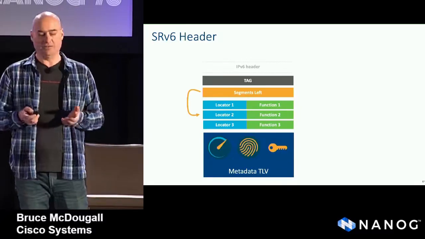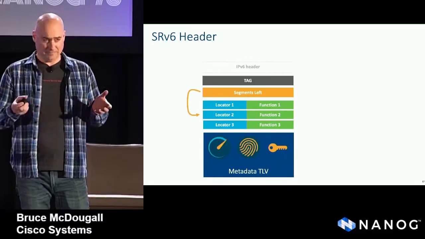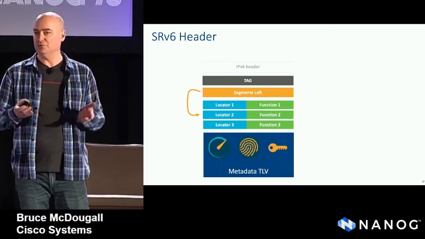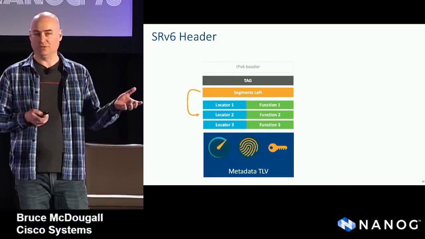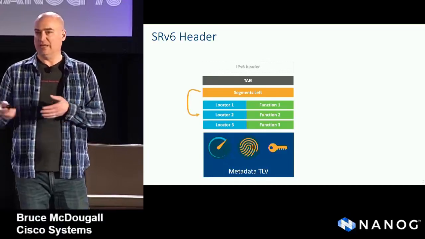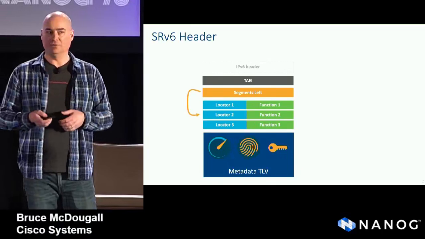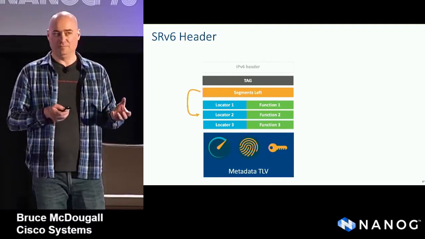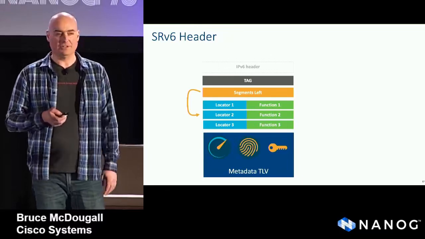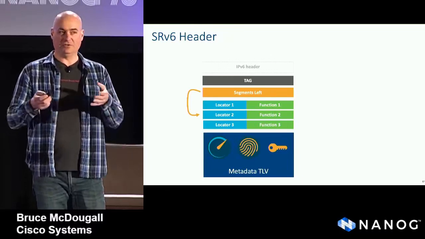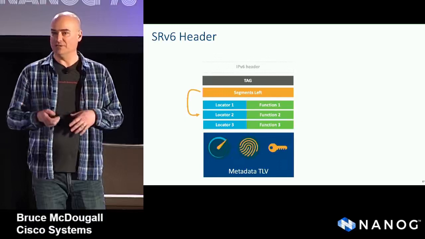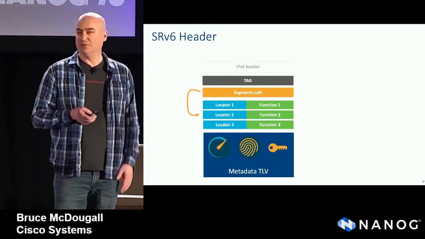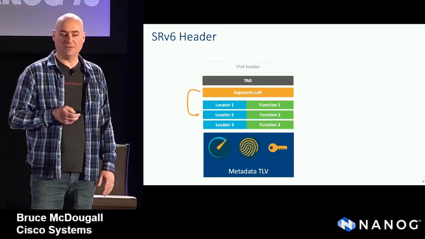The SID list itself, or the set of SIDs: each 128-bit SID can be thought of as two pieces. There's the outer piece, which is a locator, and then the last bits, which are a function. So a locator is going to tend to be advertised and bound to a loopback address on a router, and then the function is either a traffic engineering or a VPN or some other kind of function that is the last bits of the 128.